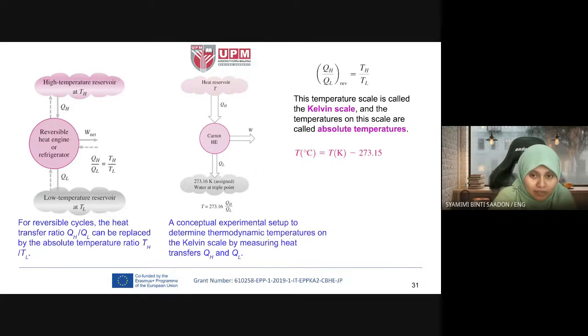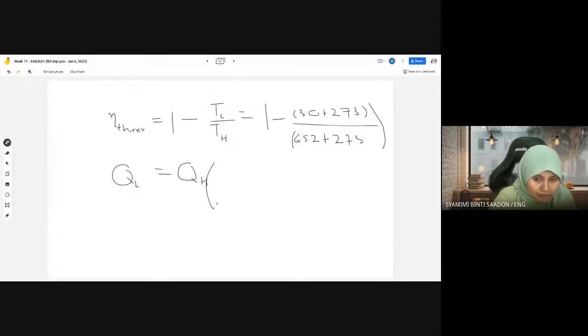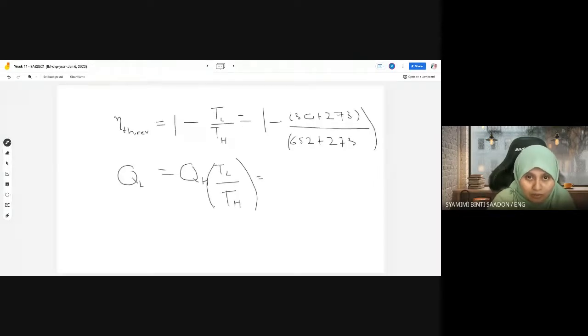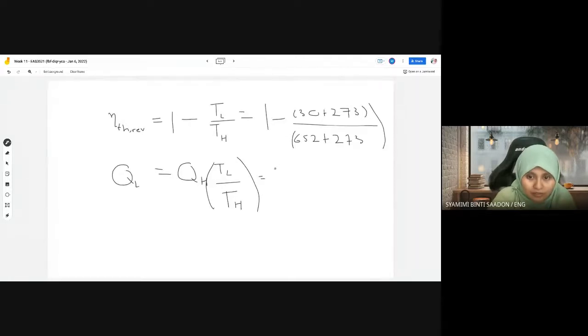So QL is QH times TL over TH. QH just now is 500, and TL over TH is 30 plus 273 over 652 plus 273.